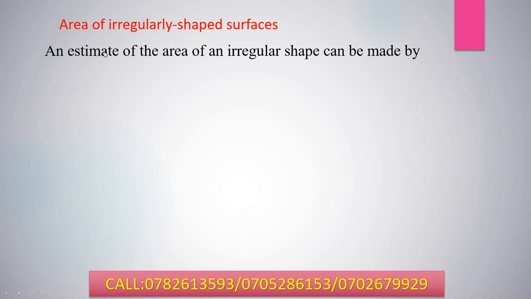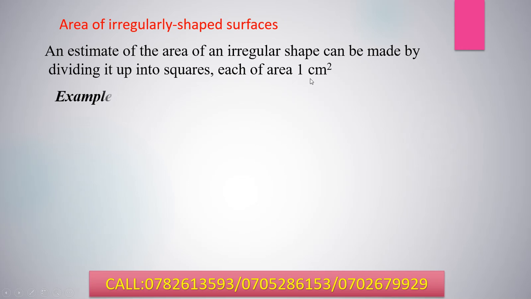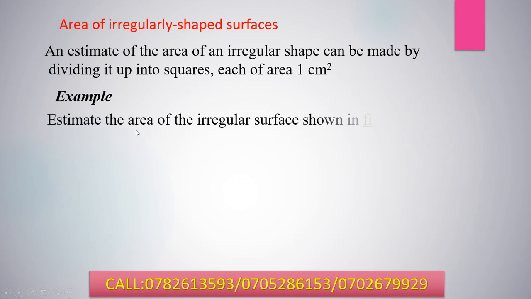How do you get the area of irregularly shaped surfaces? This is simply done by estimation. An estimate of the area of an irregular shape can be done by dividing it into squares, each of area 1 centimeter squared. Now let's look at an example.